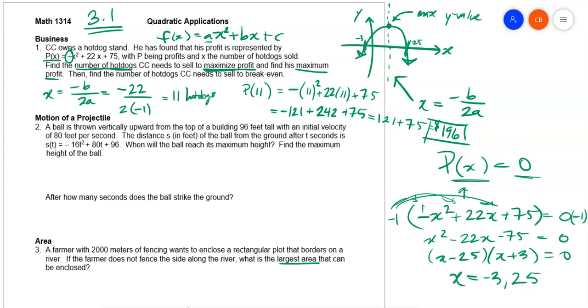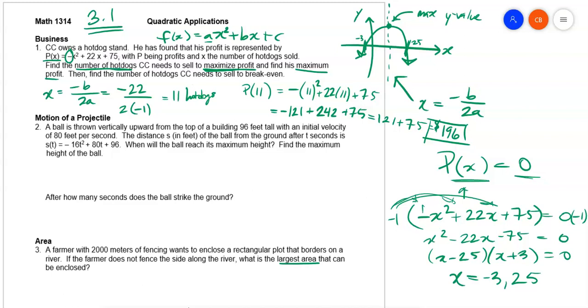And it kind of doesn't make sense, to be honest, for this problem to ask when he's going to break even, because this guy is able to actually make a profit whenever he sells 0 hot dogs. If you find the y-intercept over here, if we plug in x is 0, the y-intercept is actually going to be 75.